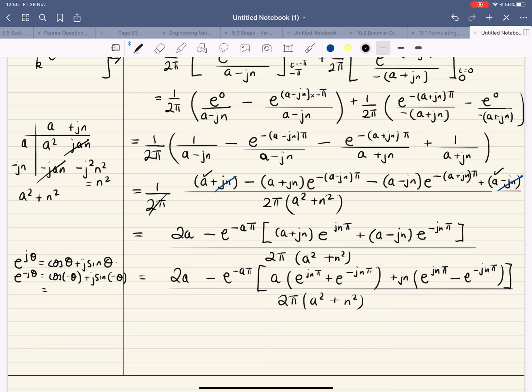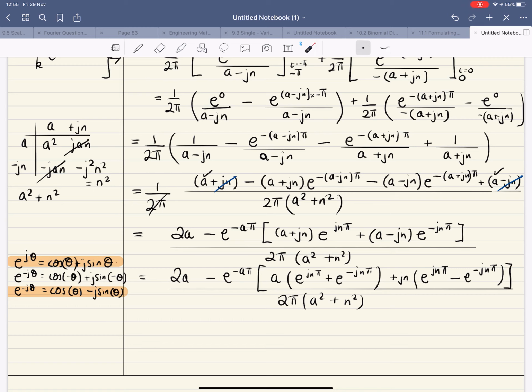Now cos theta is the same as cos of minus theta, and j sine minus theta is minus j sine theta. So this version is the best one for us to work with today.